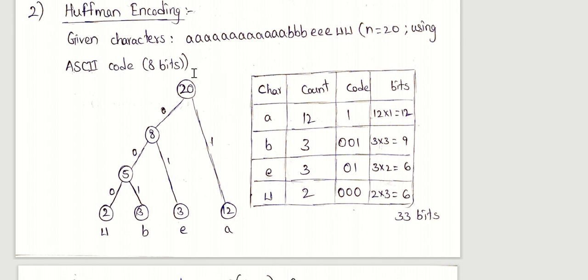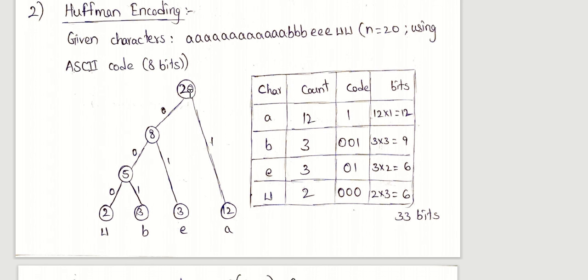So if we come from the parent, we can go to 12 with the code 1. We can directly go to the 12 since there are no intermediate parents or leaves there. A is directly connected to the parent. So we can consider the code of A is 1.